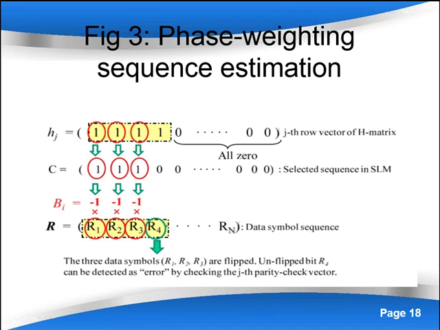To explain the basic idea of weight factor estimation in an LDPC coded system, a simple example is shown in figure 3, where the transmit QAM symbols corresponding to the one's position in the selected sequence are multiplied by -1. From the principle of the parity check vector, if no transmission error occurs, it is obvious that the unflipped bit is detectable as error.